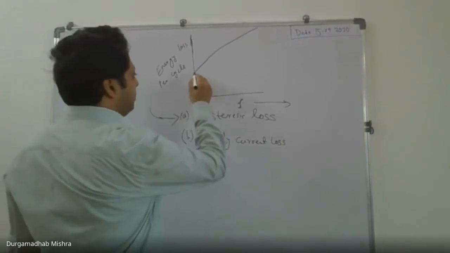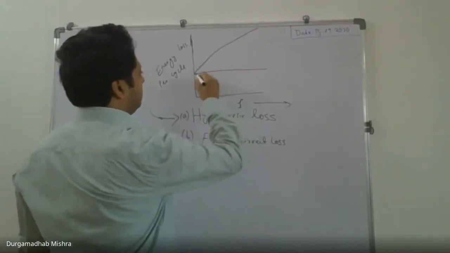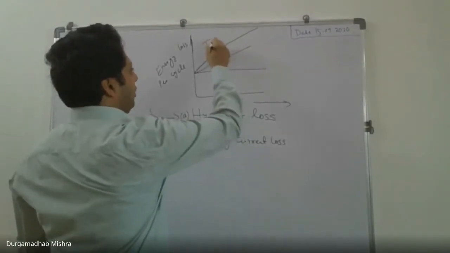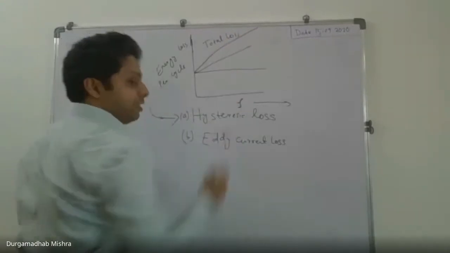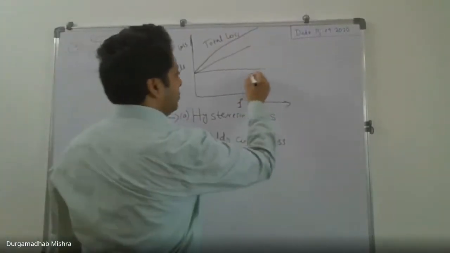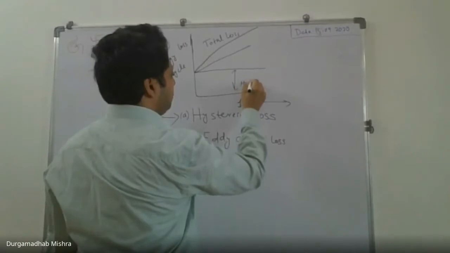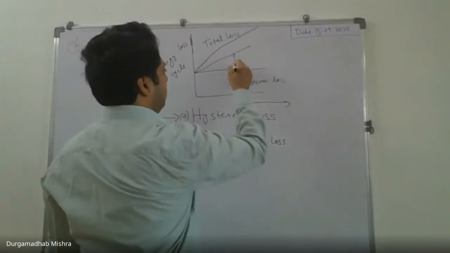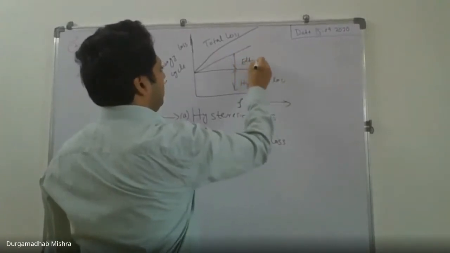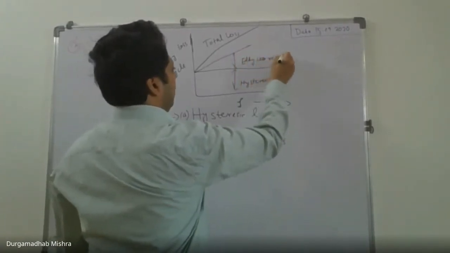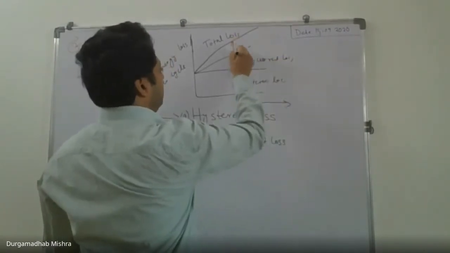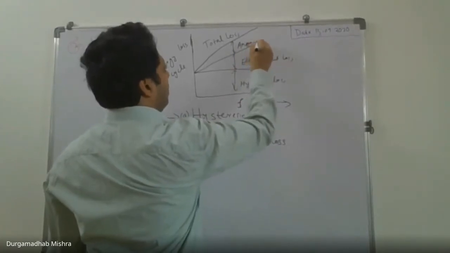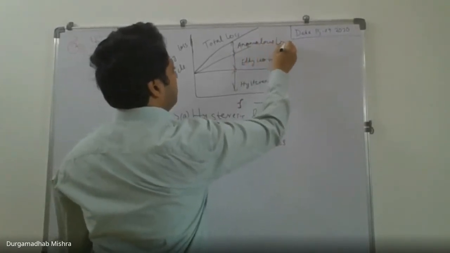So this is my total loss, and then I have a hysteresis loss, and this is eddy current loss, and this is known as anomalous loss.